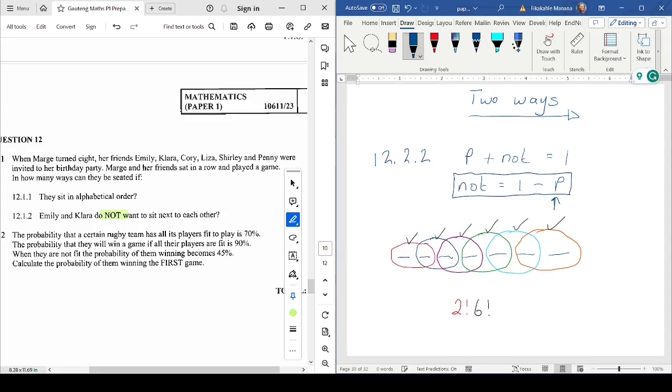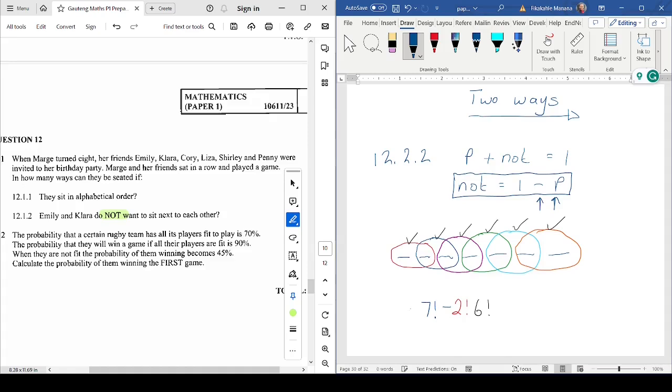So we say minus that, over the total. Remember, total probability is 1, but for this scenario the total is not 1, because how many ways can they sit? There are 7 chairs, 1, 2, 3, 4, 5, 6, 7, and it's 7 factorial. That's the total.